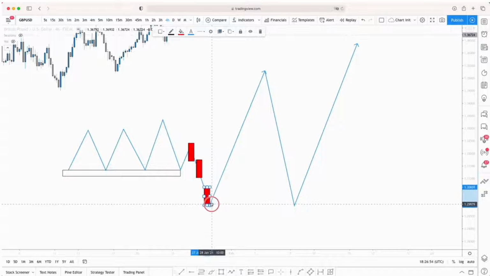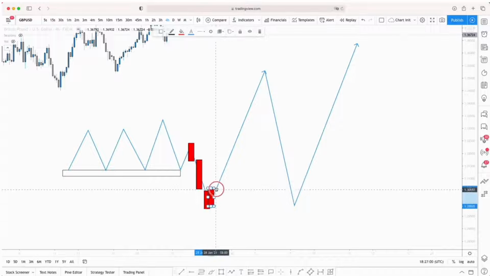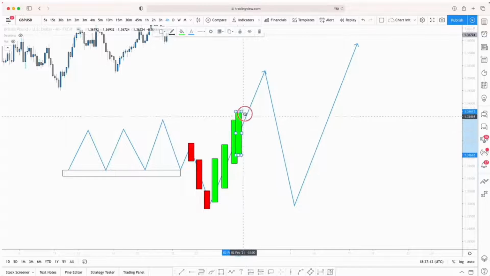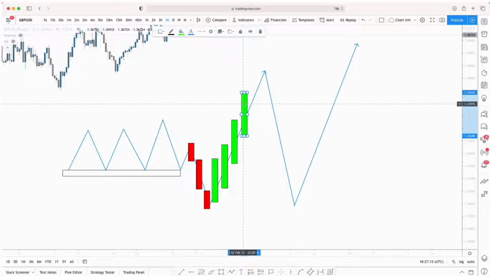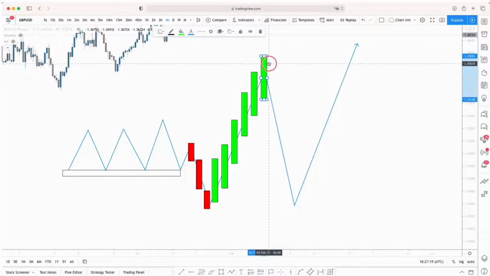Right. And then what happens is... Let me use a green candle. Okay, so green is my bullish candle in this situation. Okay. Right.